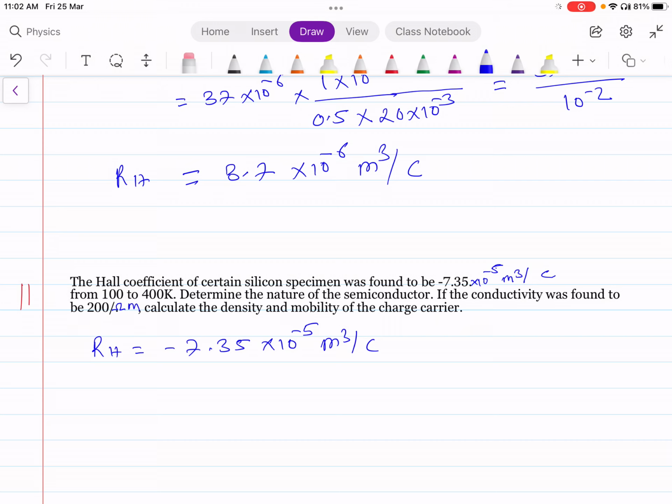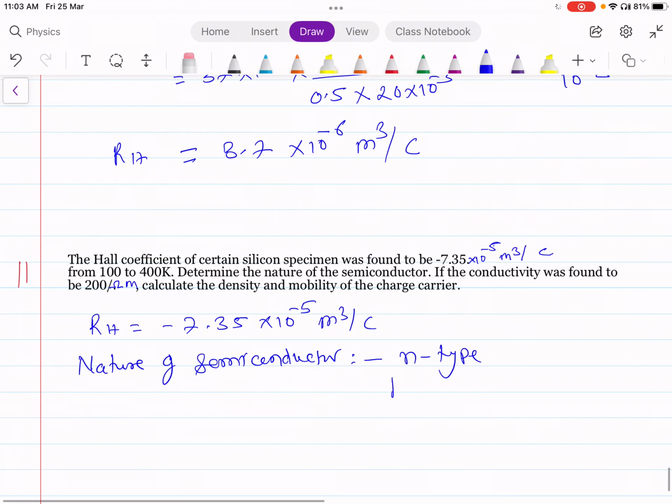Determine the nature of semiconductor. Nature of semiconductor means whether it is N-type semiconductor or P-type semiconductor. The value of Hall coefficient is negative, and so this is N-type semiconductor.